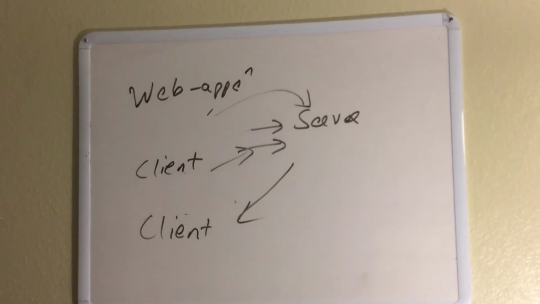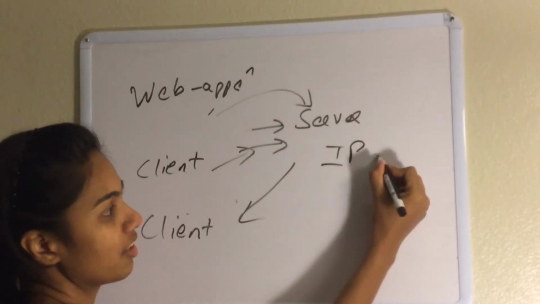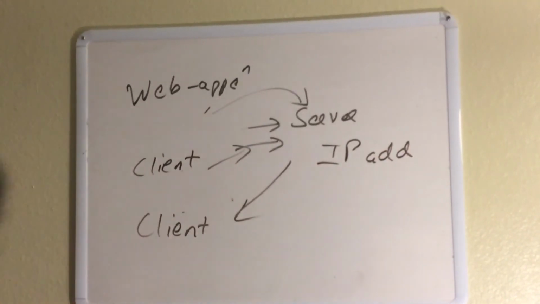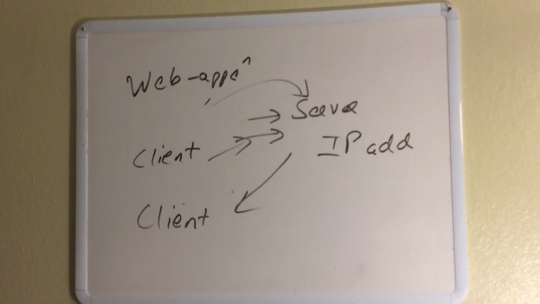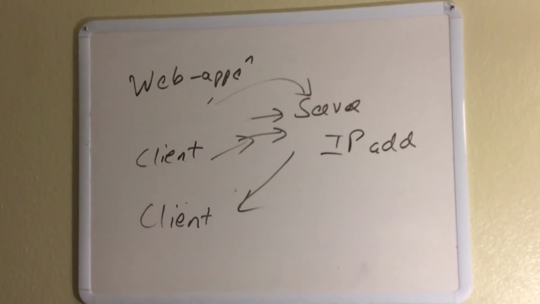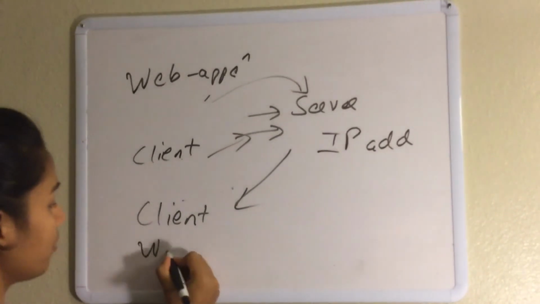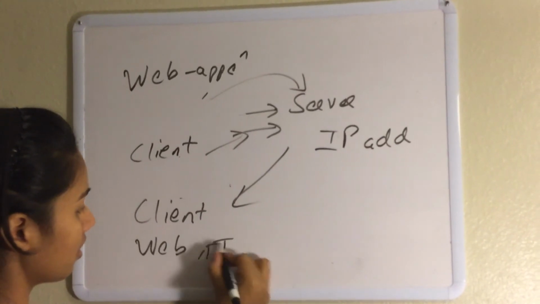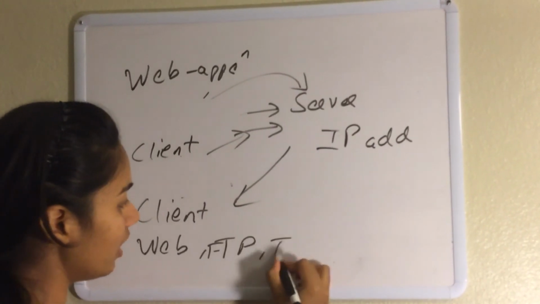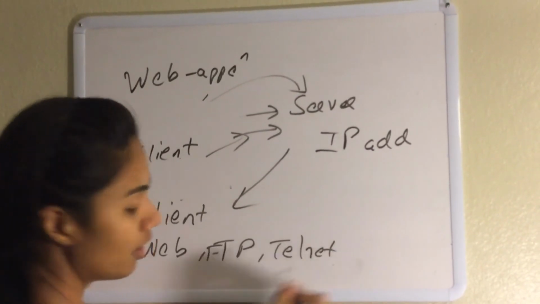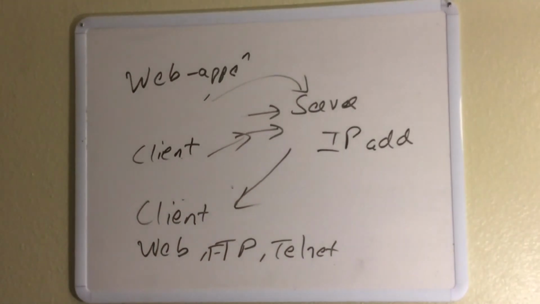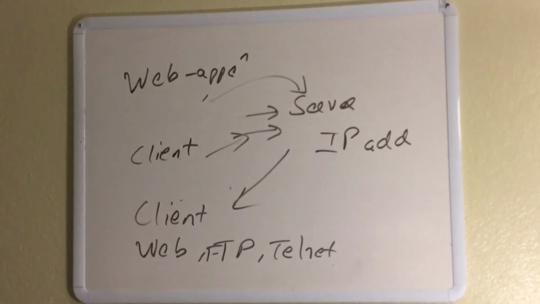Moreover, the server has a fixed IP address. Examples like web, FTP, telnet, and mail are built upon the client-server architecture.